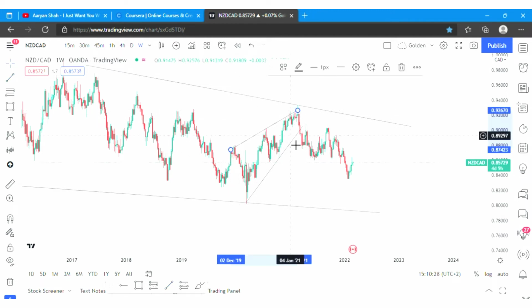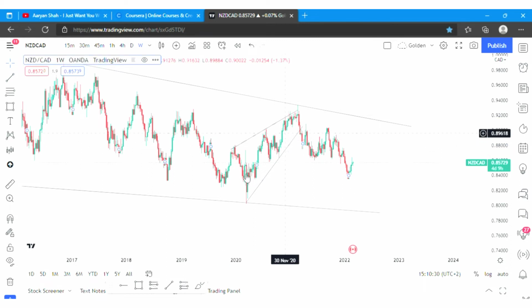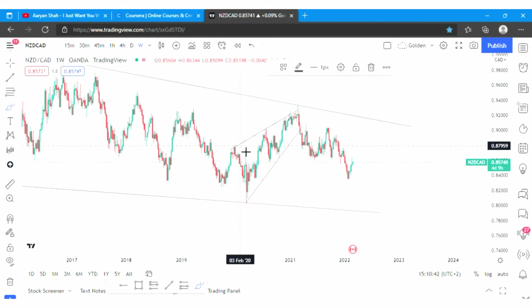If it's an uptrending structure like this, the market will always break to the downside. If it's a downtrending structure, the market will always break to the upside. We had the first touch on the upper level, the highest high, then the second touch, and our third touch there. We also had our first touch from the higher low, then our second touch, and then our third touch there, which has been broken.